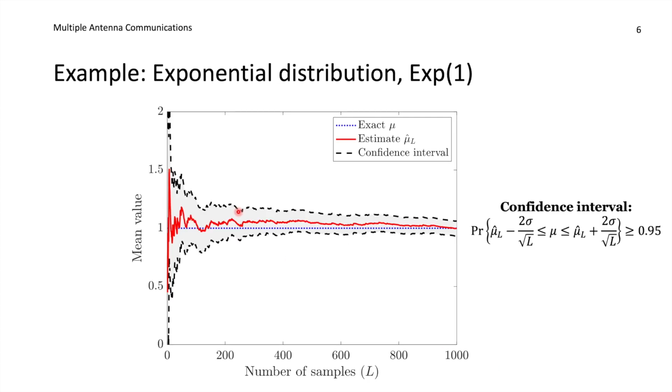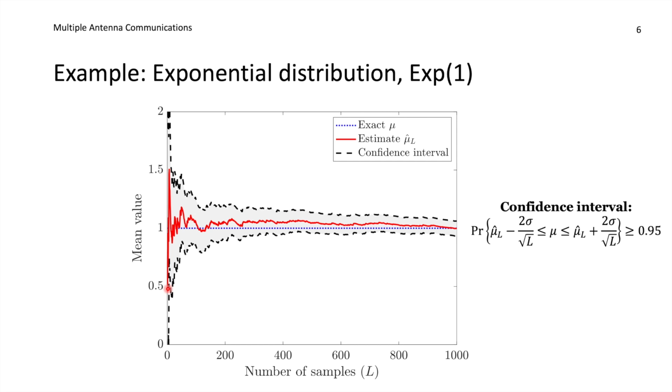I will now provide you with an example of this procedure when we have an exponential distribution for our unknown random variable and it has a mean value of 1. So what I'm showing here is the mean value versus the number of samples. And the blue curve is the reference curve because the mean value is exactly equal to 1 all the time. And the red curve here is one realization that we are getting of the estimate, the sample average that we are computing.